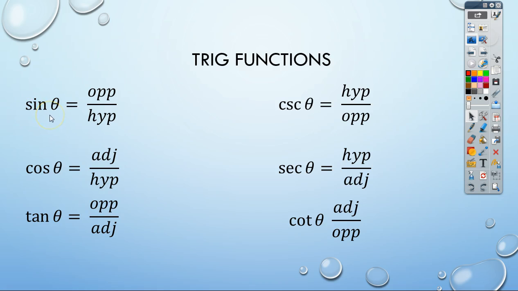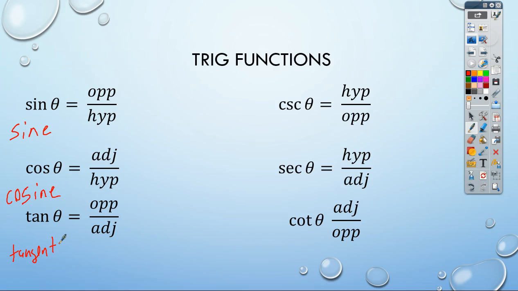Sin is not pronounced sin. This is actually an abbreviation for sine. This is not cos, we call it cosine, and cos is an abbreviation for cosine. Tan is not tan, we pronounce this tangent, theta.